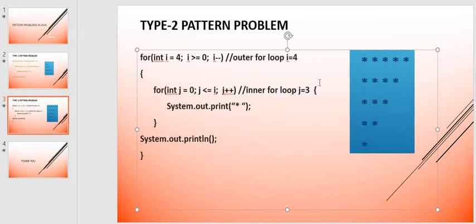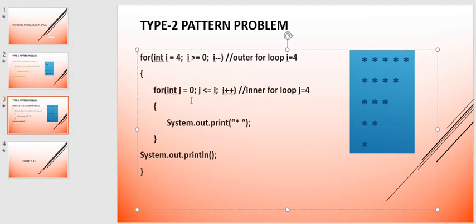Now 4 stars are printed. Again, j value will get incremented and it will become 4. So j equal to 4, 4 less than or equal to i means 4 less than or equal to 4, condition is true. Again, it will print another star. So 5 stars are printed. Now see, j value will get incremented.